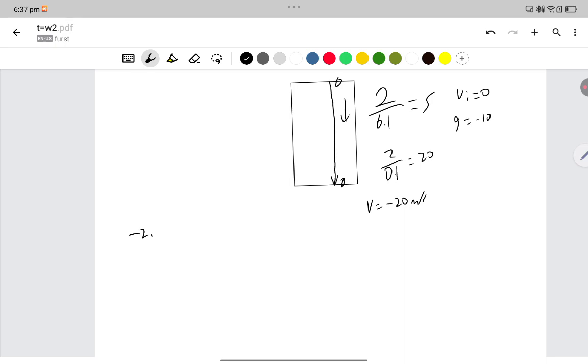So negative 20 squared equals the initial velocity 0 squared plus 2 times the acceleration. The acceleration was negative 10 times the distance. We're looking for the distance. So distance equals negative 20 squared over 2 times negative 10, and that equals what?